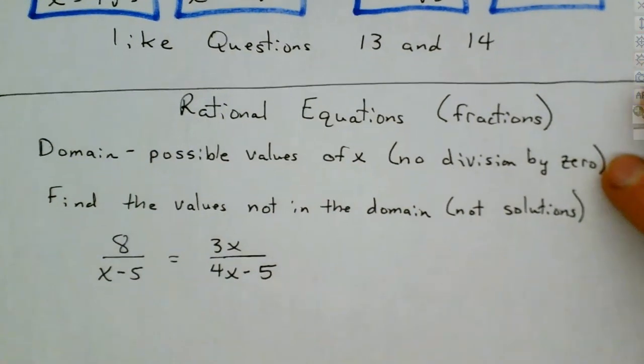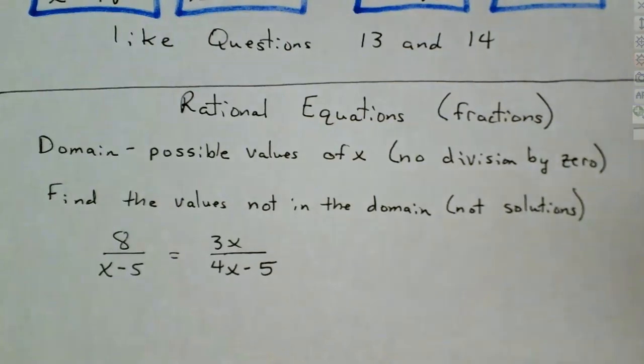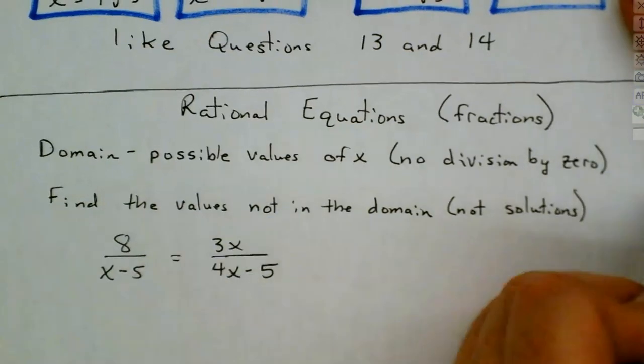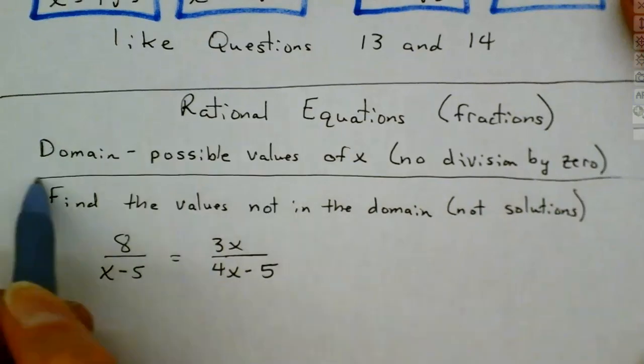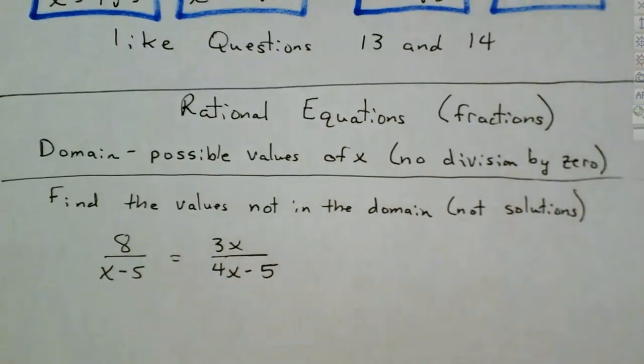Okay, so we are not going to be solving these. All we are going to be doing is looking for what values give me division by 0. The domain, that's your definition, is the possible values of x. So what values are legitimate solutions?